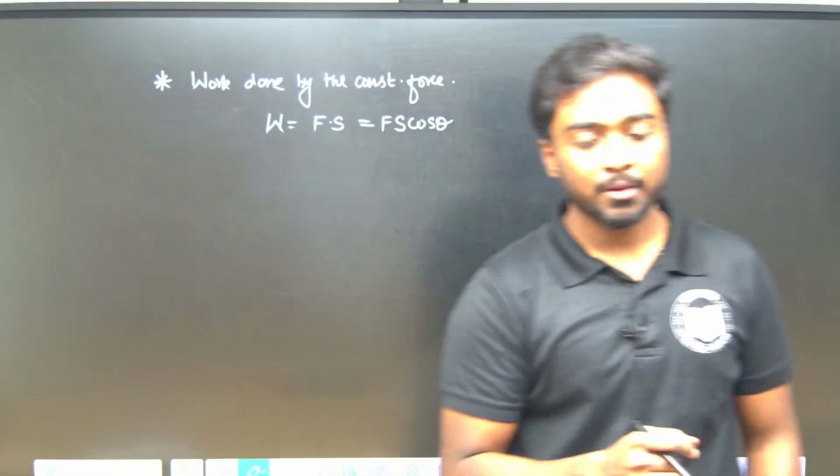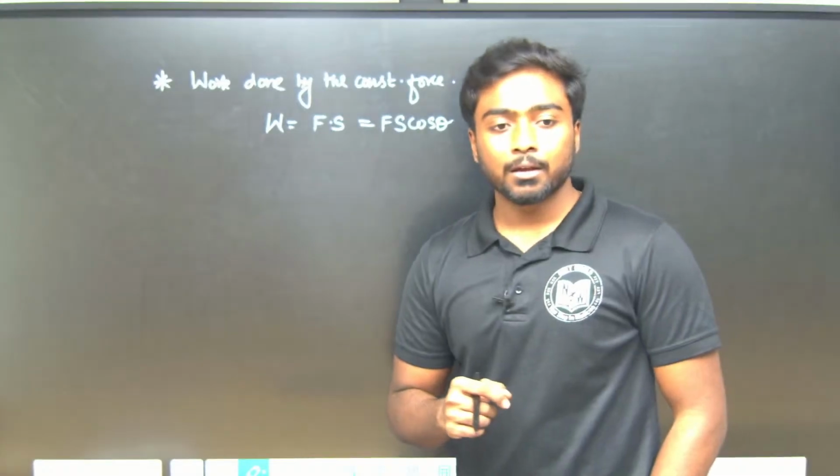Now we are talking about work done by variable forces, like a displacement has happened from point A to point B, but at each point the force is different. So now what will be the work done?